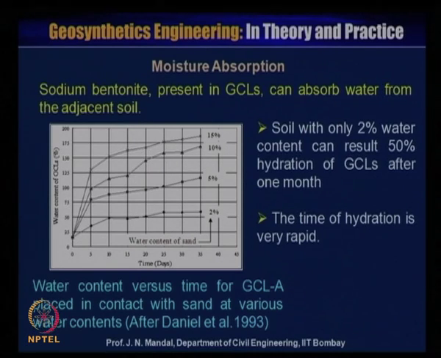Now some tests are also performed for moisture absorption. Sodium bentonite present in the geosynthetic clay liner can absorb water from the adjacent soil. Here you can see water content versus time for geosynthetic clay liner A placed in contact with sand at various water contents. Soil with 2% water content can result in 50% hydration of the GCL after 1 month.